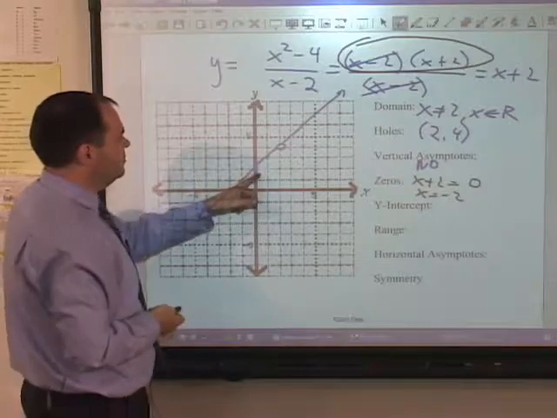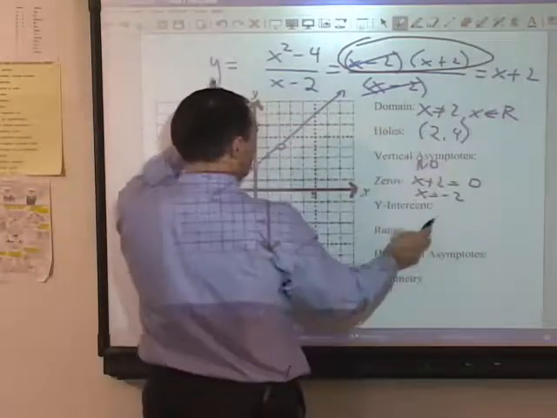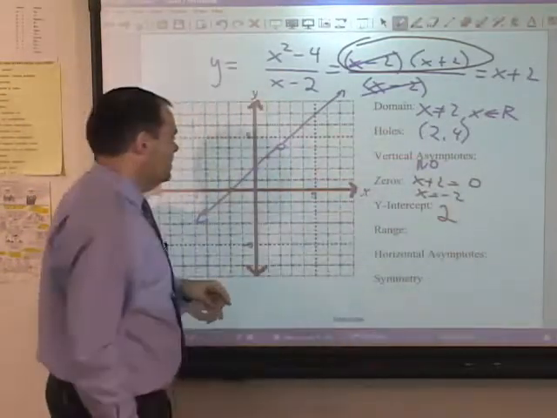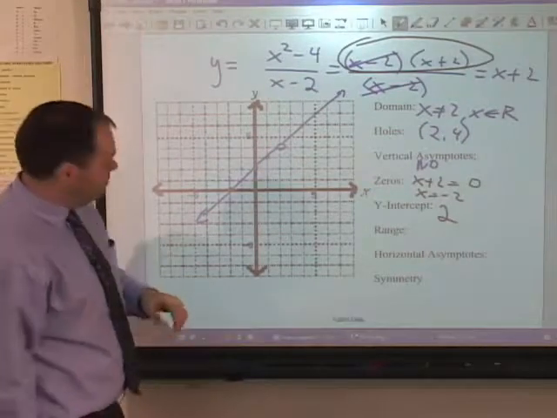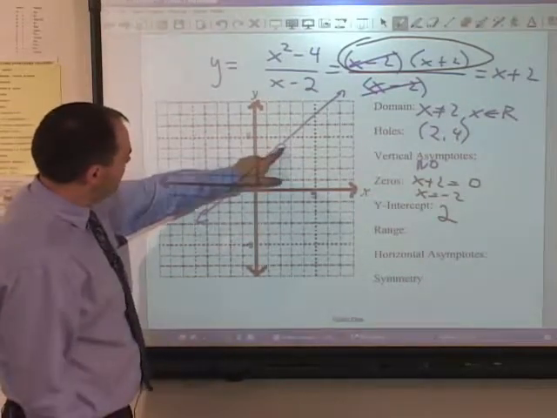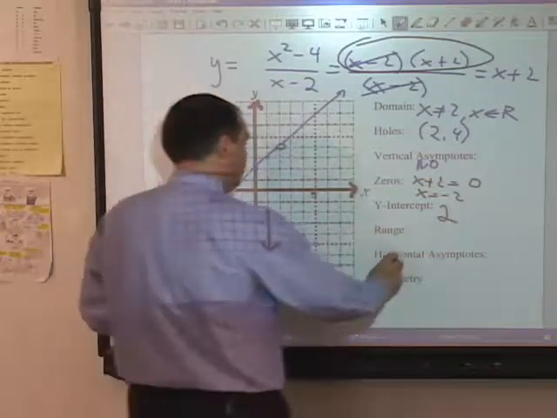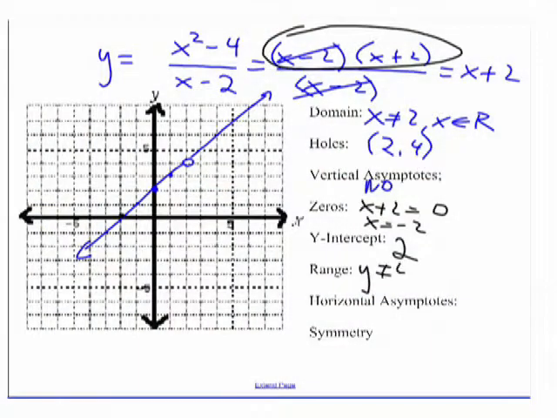The y-intercept, when x is 0, would be 2. The range of the function would be all values of y except that one right there, except y can't be 4. And there are no horizontal asymptotes, and in this case there is no symmetry.